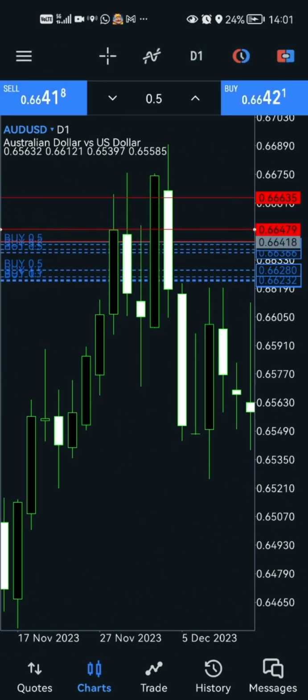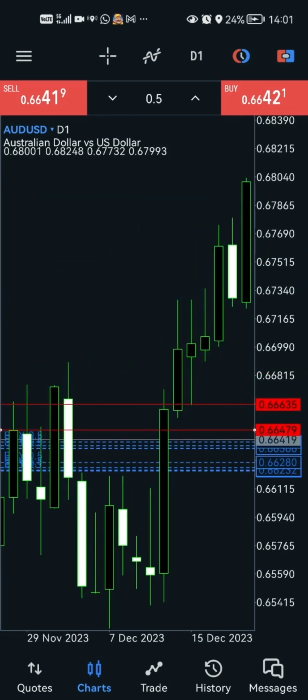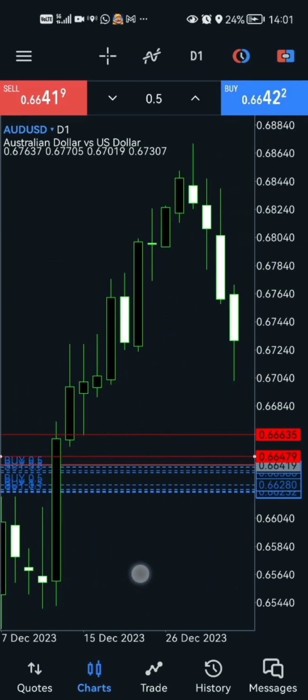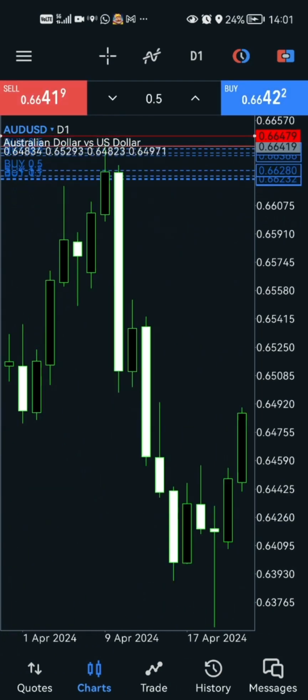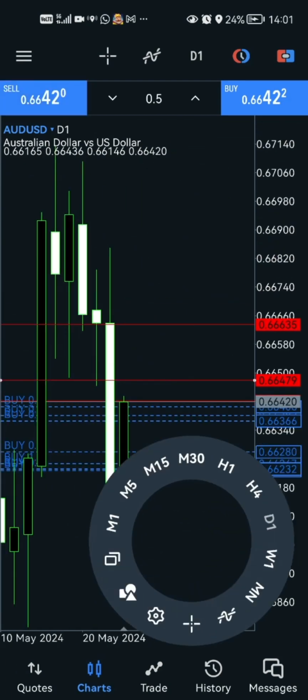Well, the high is here, but if we look at the difference in price, currently the price is at 0.66420. The high of the day currently is at 0.66480, so 480, 500, probably gonna go to 0.66500, and then hesitation should arise from there.